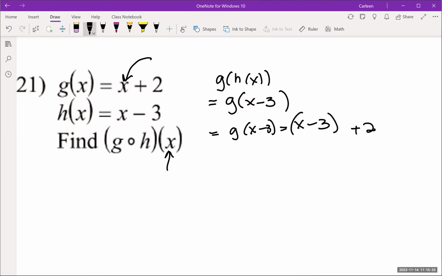That's a plus. Now there's nothing to distribute this time. So this is just X minus 3 plus 2, which is X minus 1. So G of H of X is X minus 1.